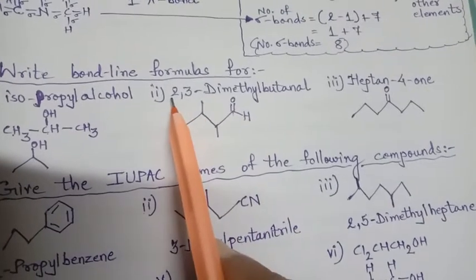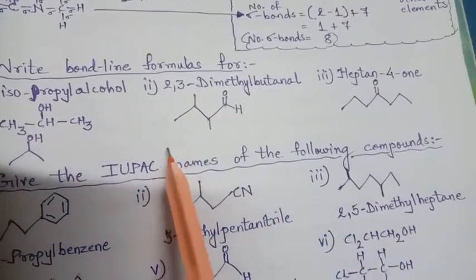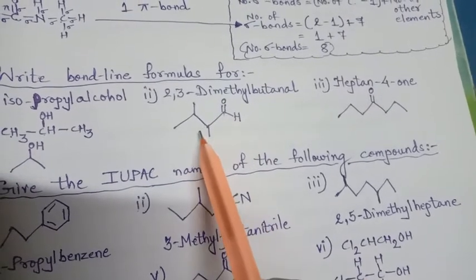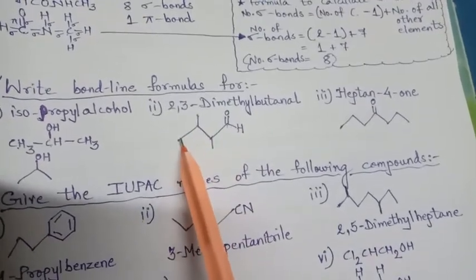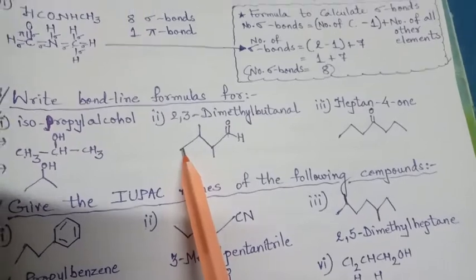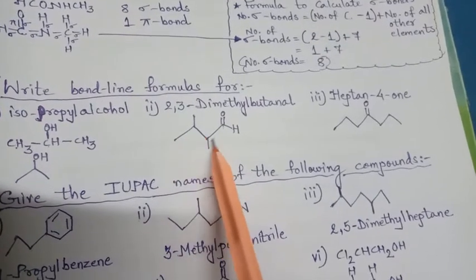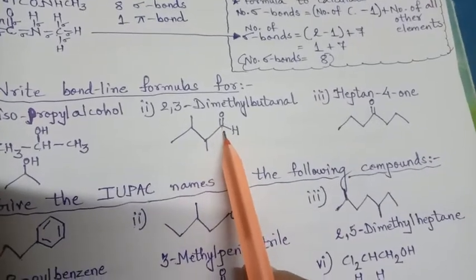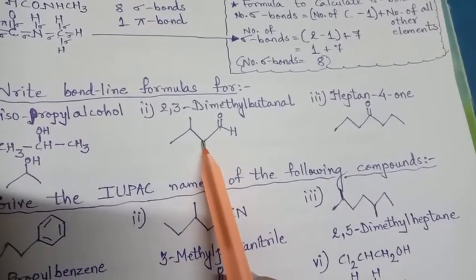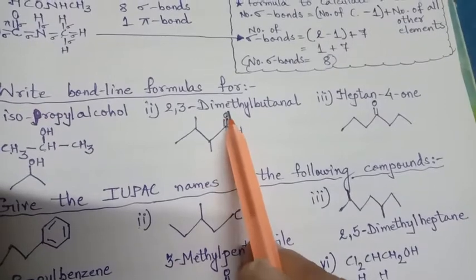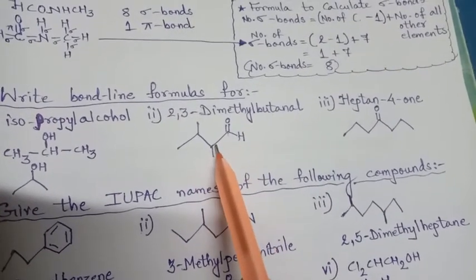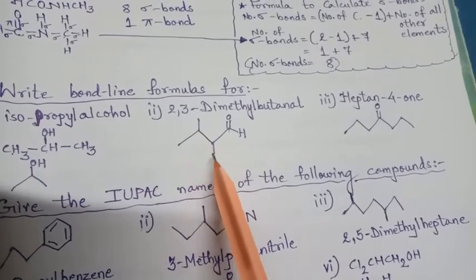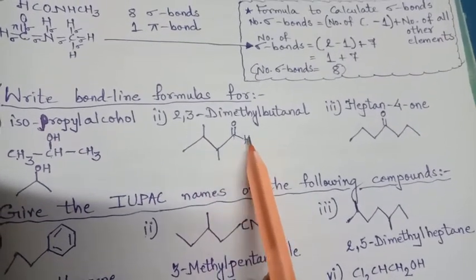It is given 2,3-dimethyl-butanal. Suppose we consider here 1, then also it will be 2, 3. If I consider the functional group here, then also it will be 1, 2, 3, 4. So from either side it will be similar. So this will be the carbon of the chain as well as the aldehyde group. So C double bond OH, then second carbon methyl, third carbon also methyl, dimethyl butanal.